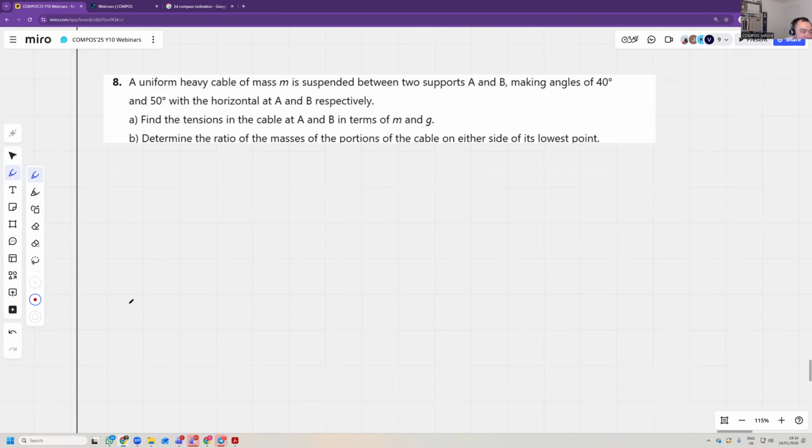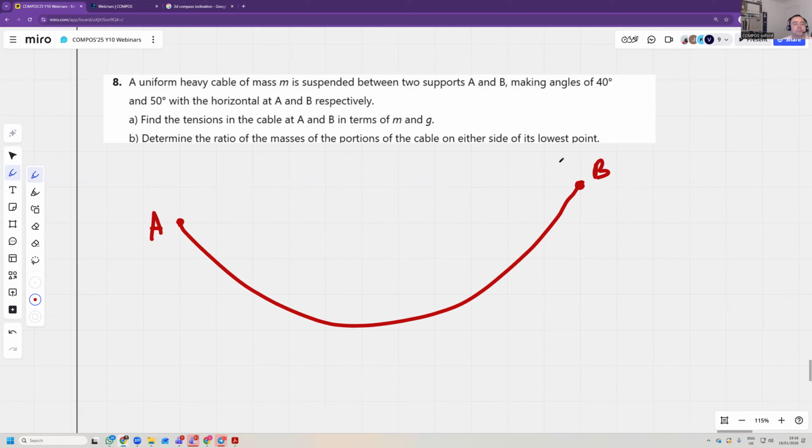So you have a heavy cable, A and B, and it's making an angle of 40 degrees here, and here it's making an angle of 50 degrees. The mass of the rope is m. And we need to find the tensions in the cable at A and B in terms of m and g.